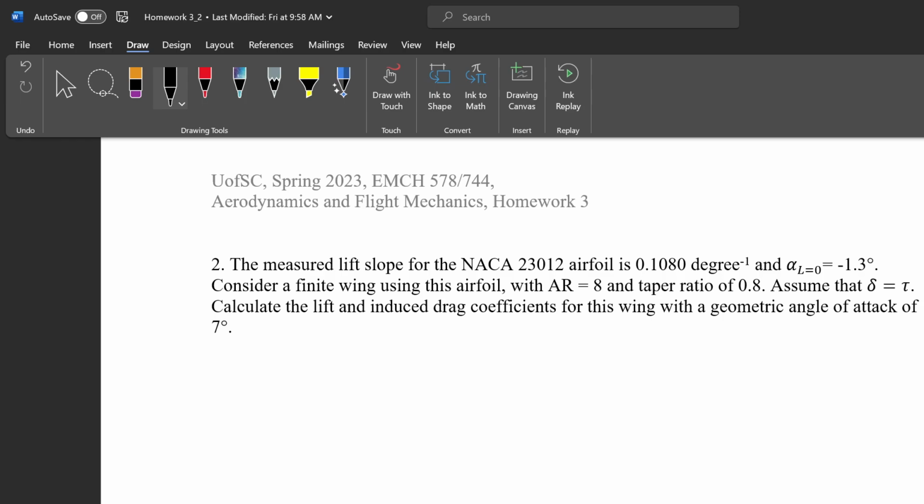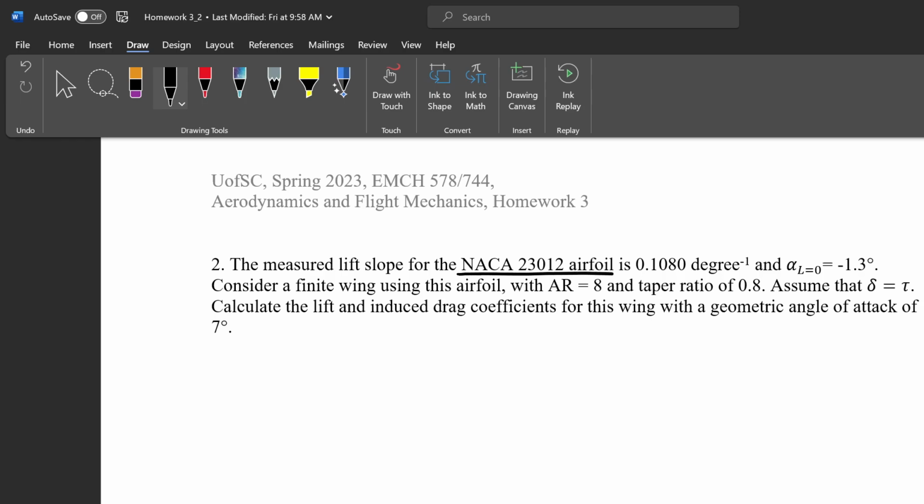Problem number 2, we are told that the measured lift slope for the NACA 23012 airfoil is 0.108. So we are told that this is a lift slope for an airfoil, right?